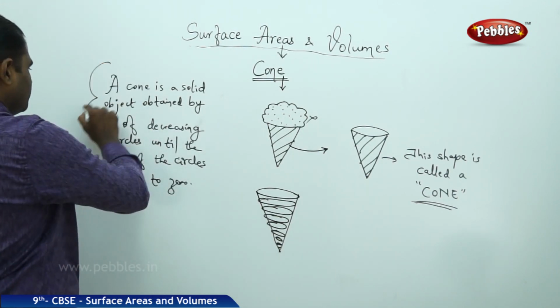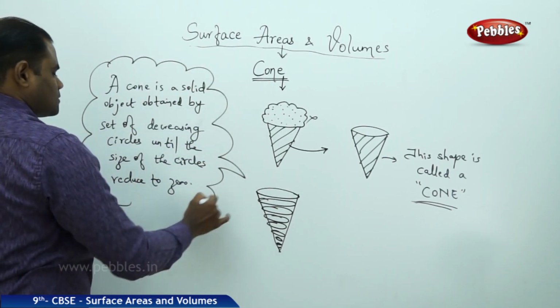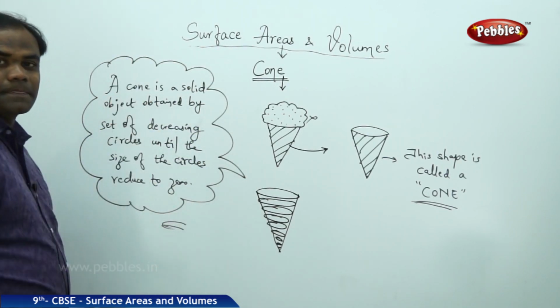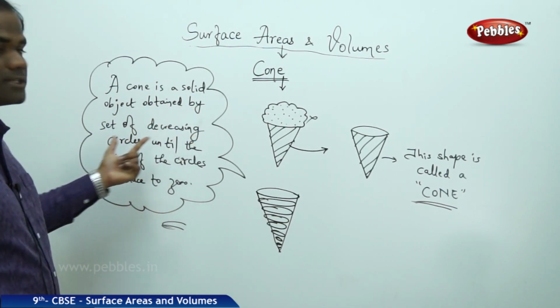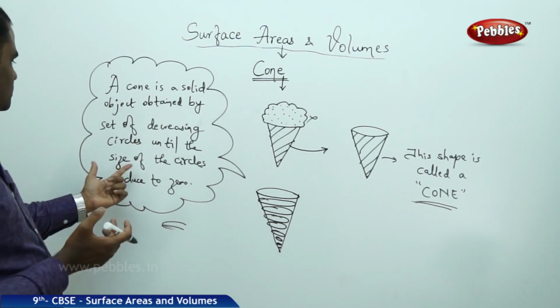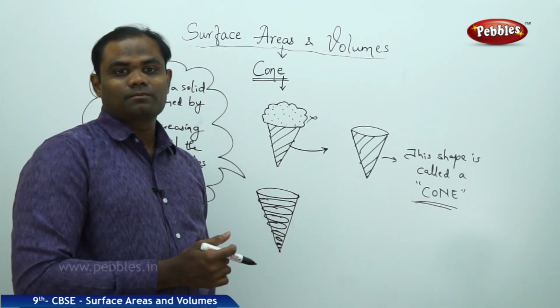That is how we define a cone in the mathematical sense. A cone is a solid object obtained by a set of decreasing circles until the size of the circles reduces to the point which is the 0.